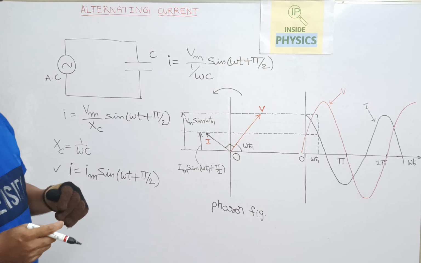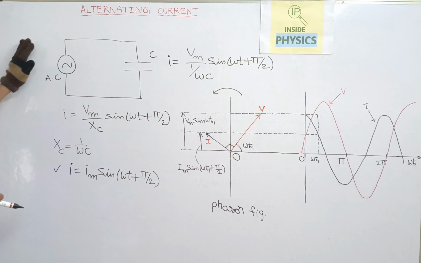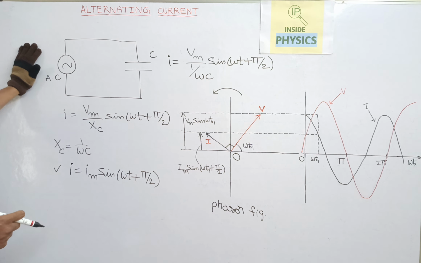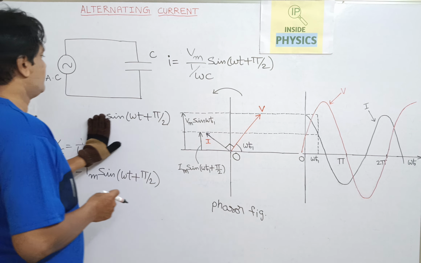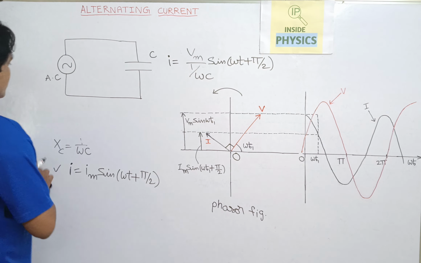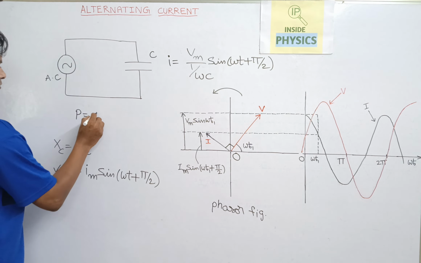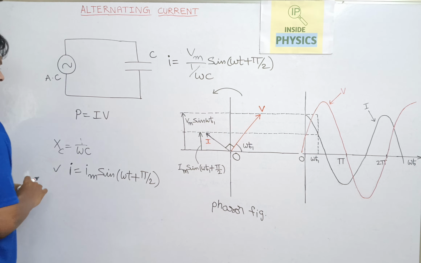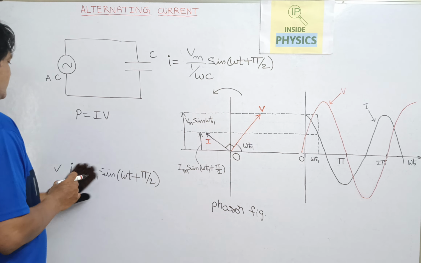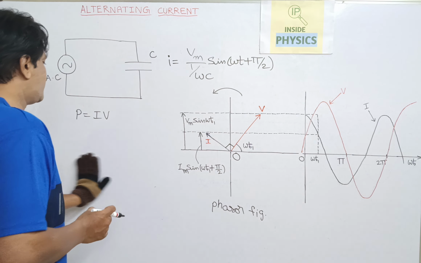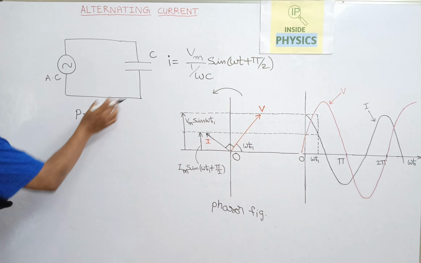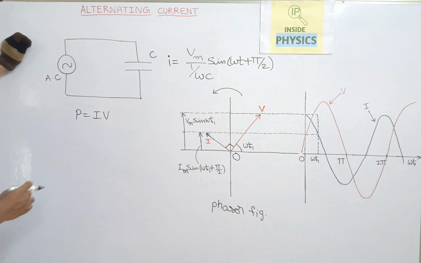The power consumed is 0. Here also we will go through the relation for power, P equals IV. Further we will calculate how much power is consumed in a capacitor.